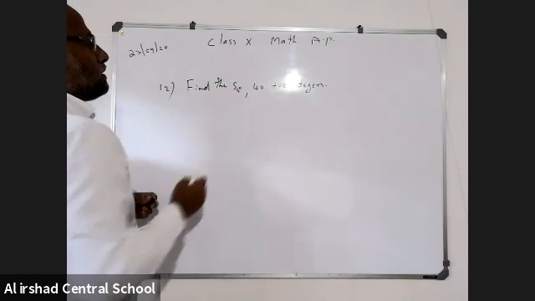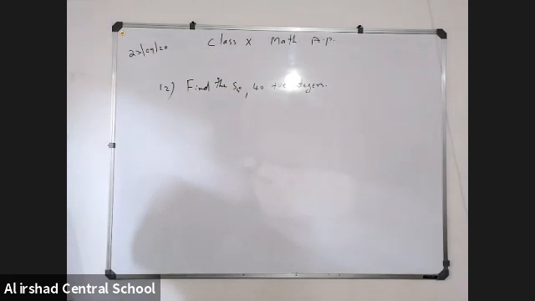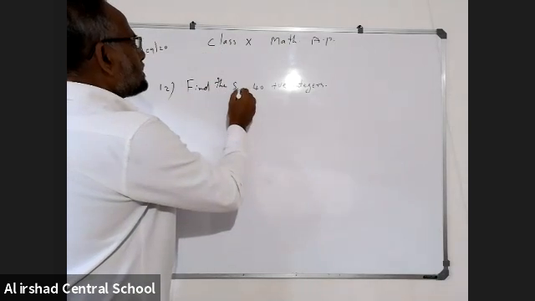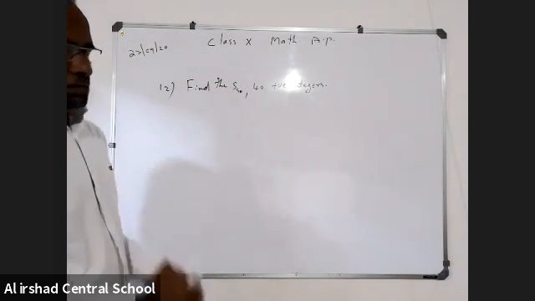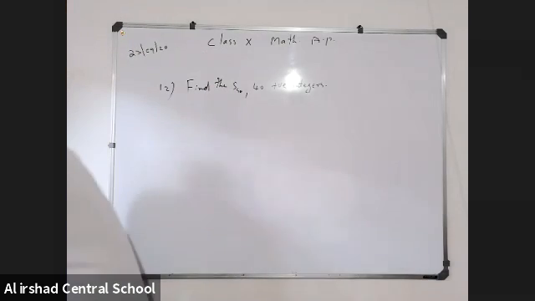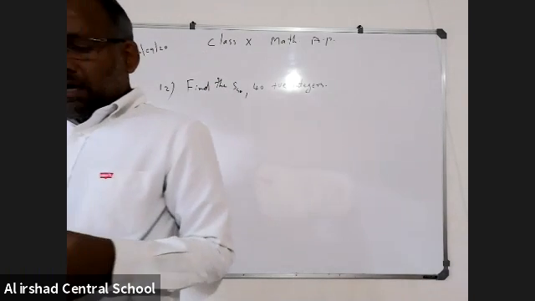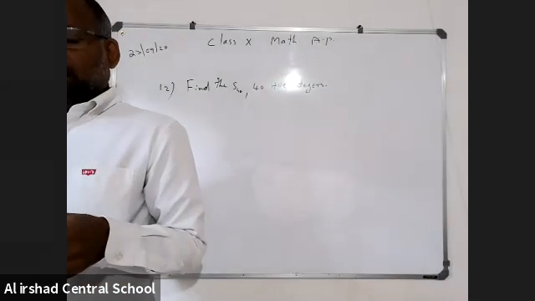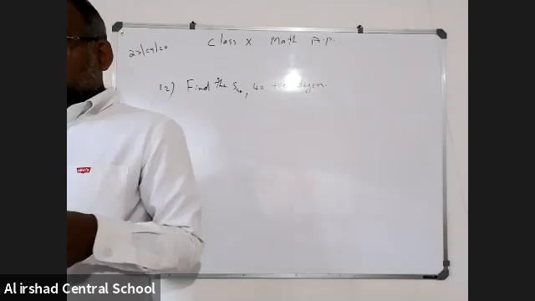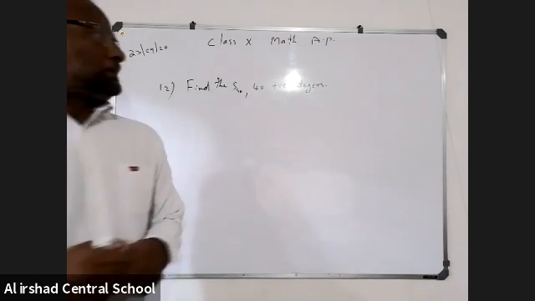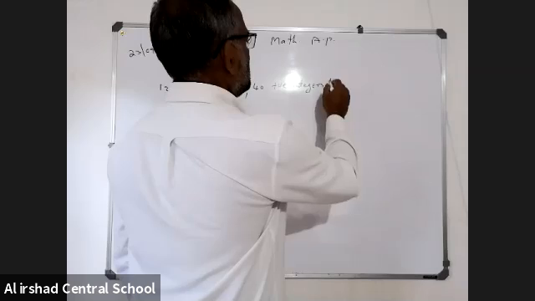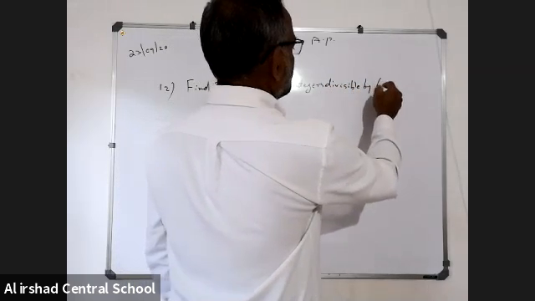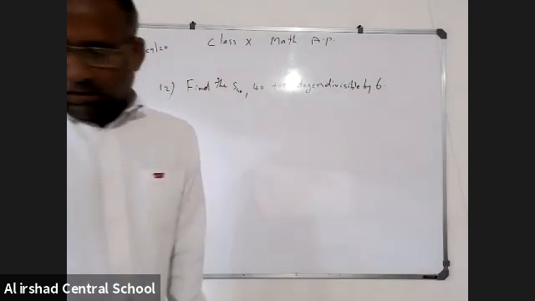S40 of what? First 40 positive integers. Try that, not hard. Find the sum of the first 40 positive integers divisible by 6. Here divisible by 6, right?